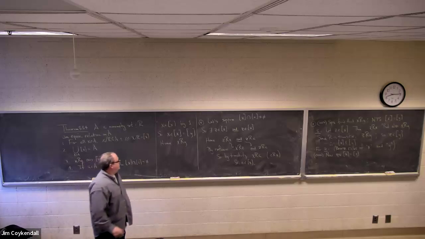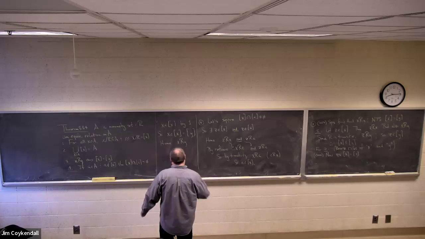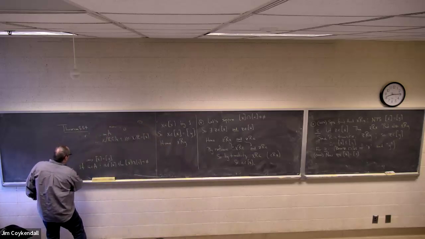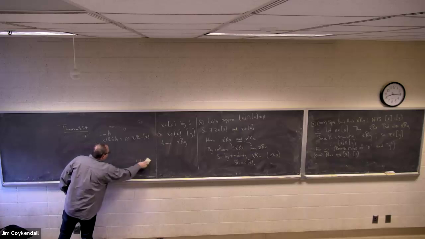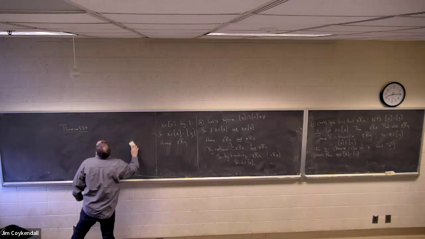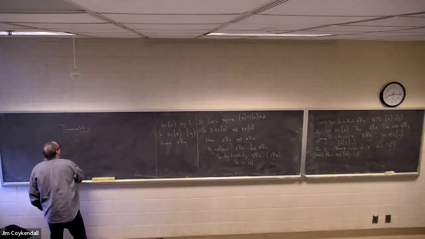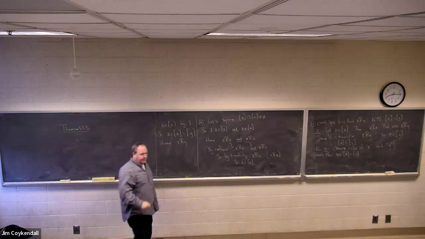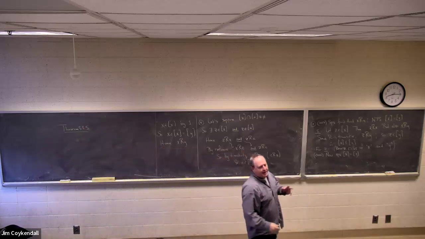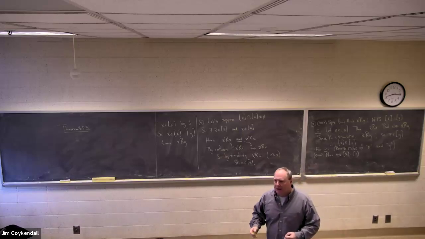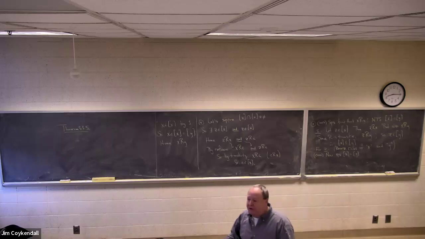Okay, this is a giant theorem. I'm digging this theorem, because basically what it shows you, and this is one of the reasons that equivalence relations are so very important, is that equivalence relations are basically partitions.